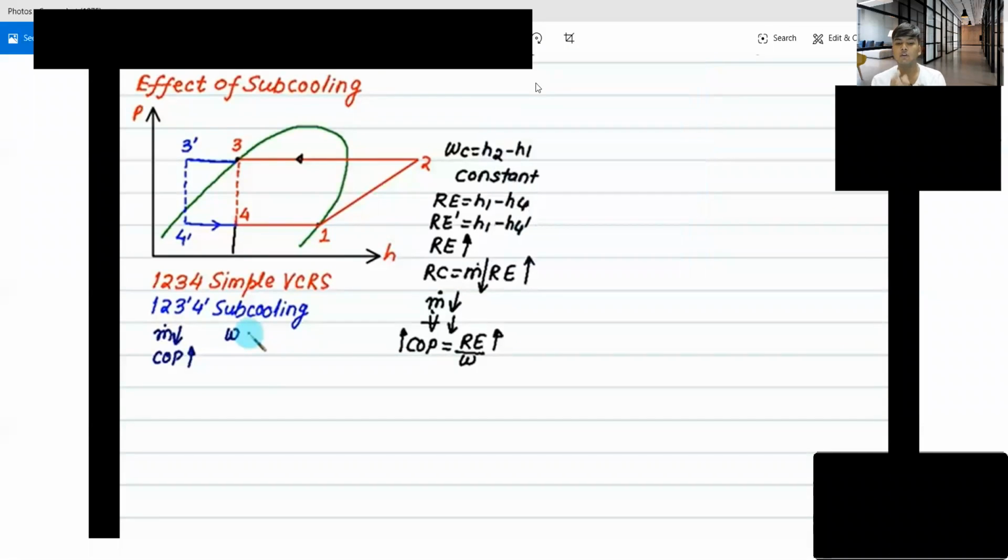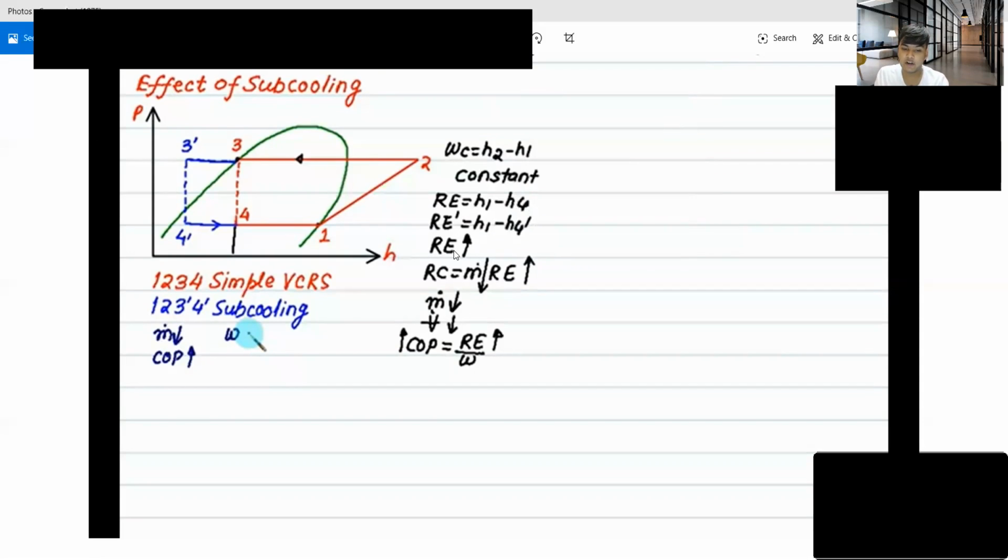Now coming to the work done by the compressor: H2 minus H1 is the work done by the compressor. And the refrigeration effect, RE, is H1 minus H4. Now what is the effect of subcooling? When subcooling happens, your RE increases, and the mass flow rate also increases.